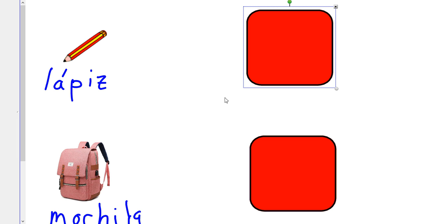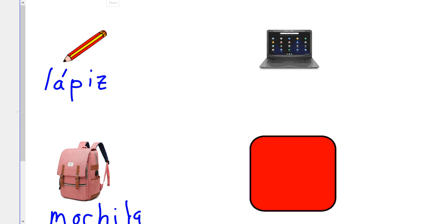Una vez más. C-O-M-P-U-T-A-D-O-R-A. Did you get computadora? Spelled C-O-M-P-U-T-A-D-O-R-A.